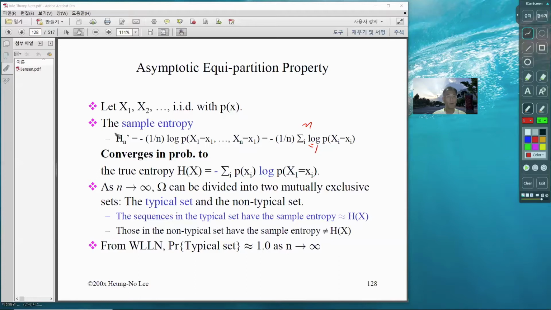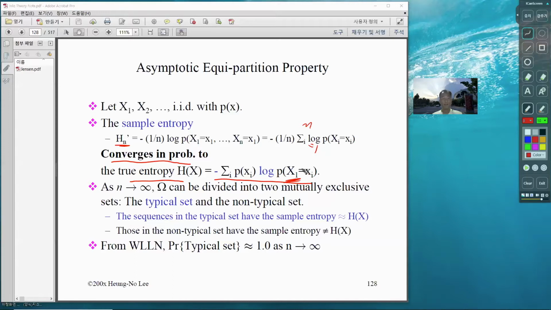The asymptotic equipartition property says that this sample entropy converges in probability to the true entropy, which is the Shannon entropy, where H of X is this. Since it is IID, we can say this for x1.